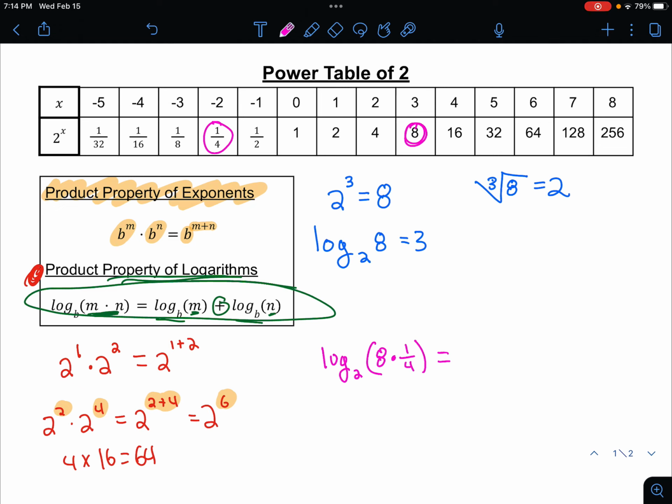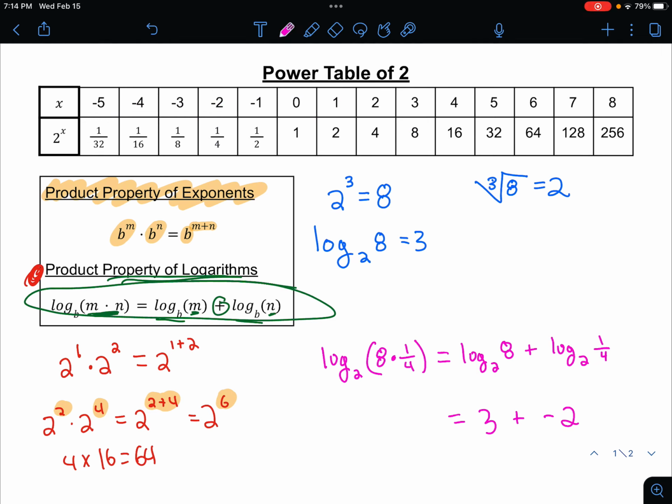If we just use the product property, we can say it's log base 2 of 8 plus log base 2 of 1/4. Now log base 2 of 8 is equal to 3 because we need to raise 2 to the third power to get 8. And log base 2 of 1/4 is -2 because we need to raise 2 to the negative second power to get 1/4.